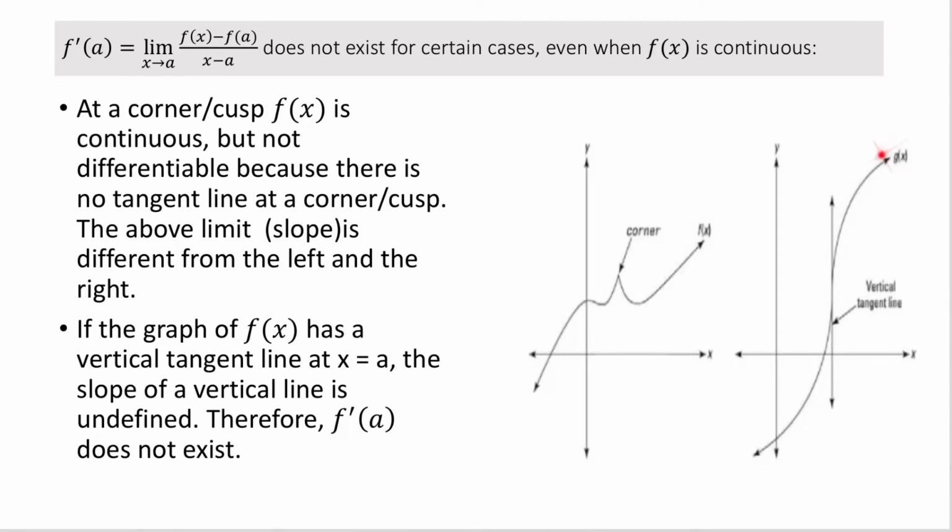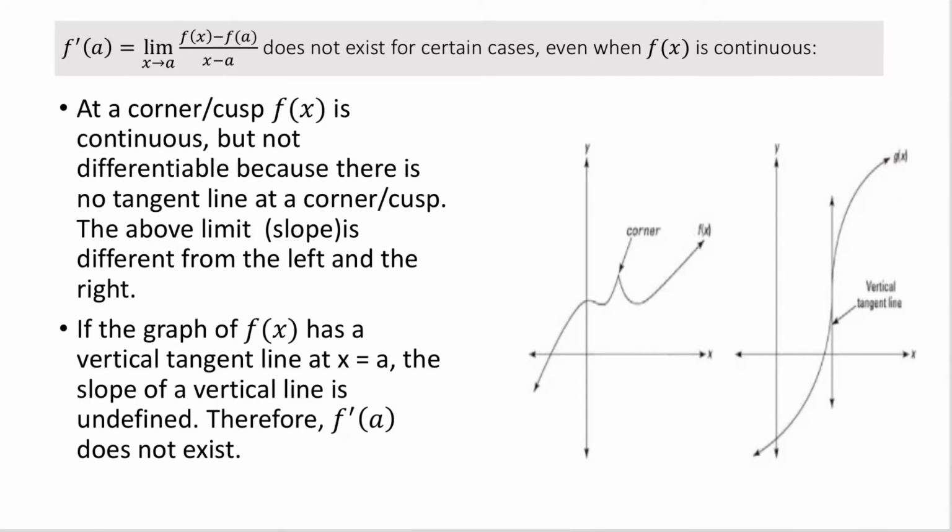All right, so then we've got this case over here where the graph of f of x has a vertical tangent line. So you come in here, and then at some point right here, your tangent line to the curve is actually vertical. All right, and then you slope off over this way. All right, so that's like an inflection point there.